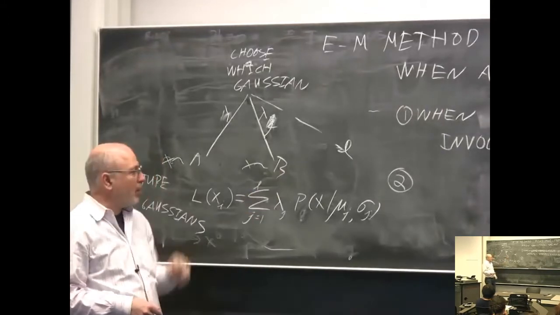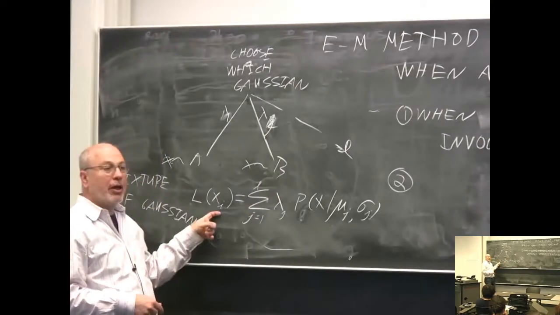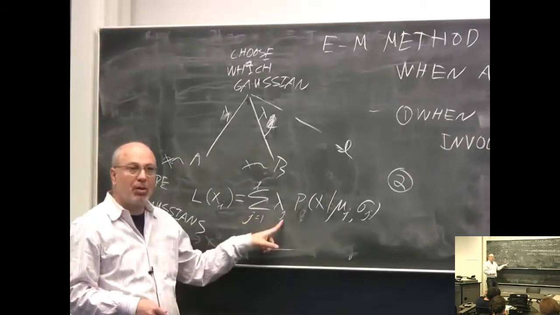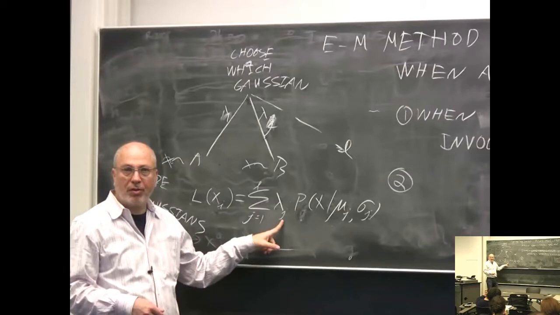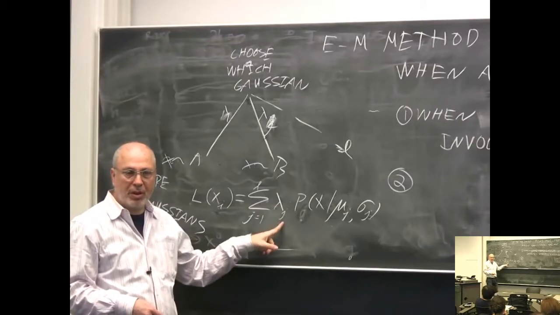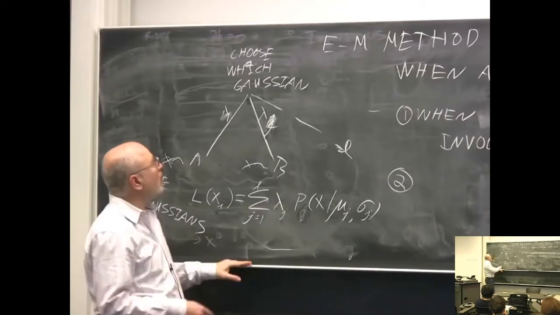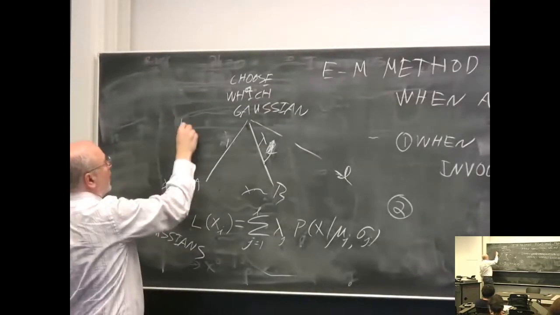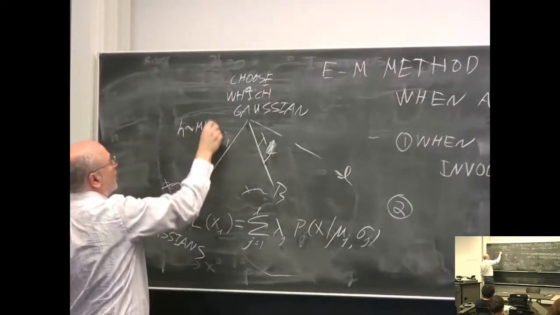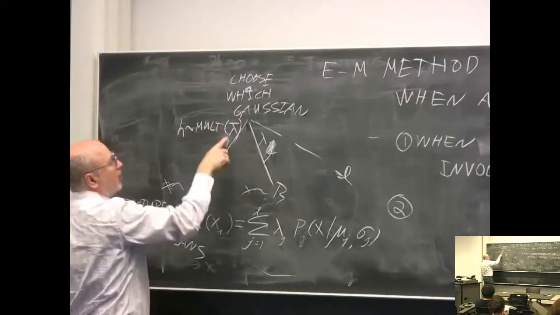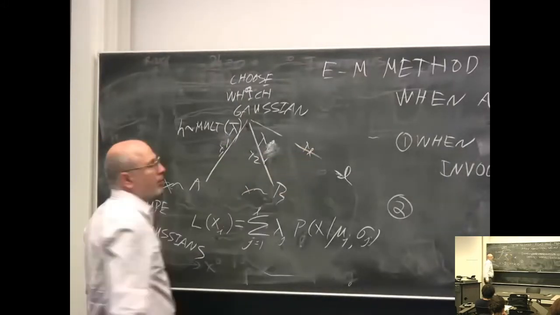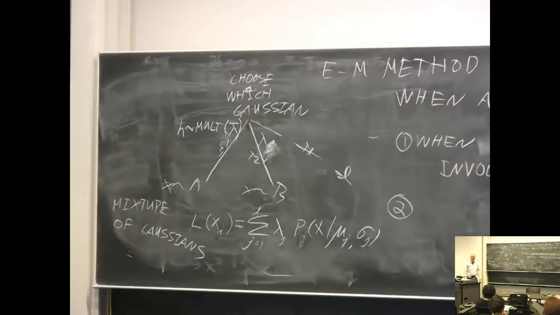So this is the complete likelihood of X. It sums over all the possible choices of the right Gaussian, each with its own probability, lambda J. So I can write here, H comes from a multinomial with parameters lambda 1, lambda 2, up to lambda L. Okay, everybody with me? This is just a mixture of Gaussians, and this is the likelihood function.